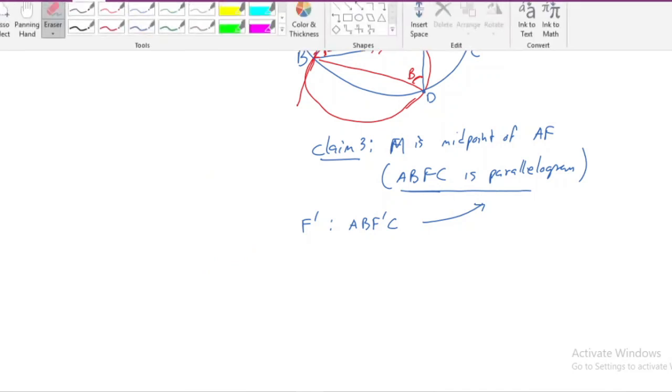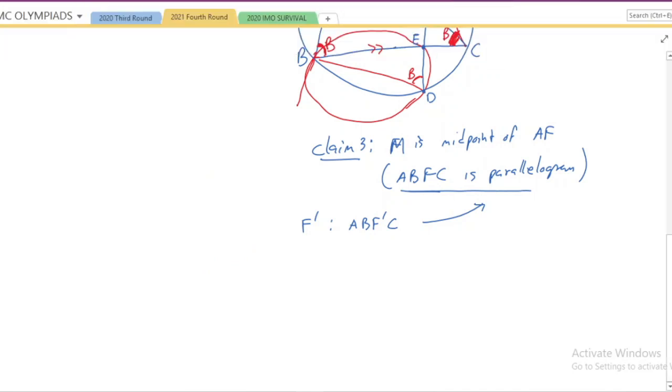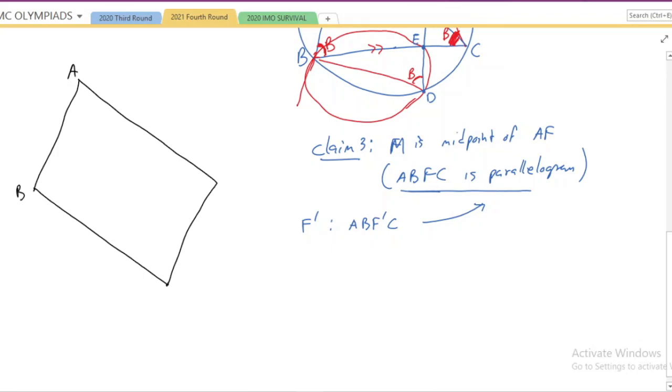So now we're trying to use phantom points. So let's do this carefully. First we have this parallelogram ABF'C, and we draw diagonals. We know they intersect at the midpoint of BC, so that's really M. And we know D is somewhere here.